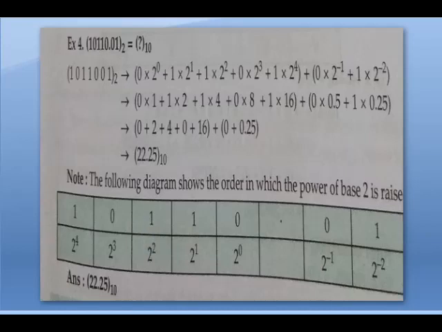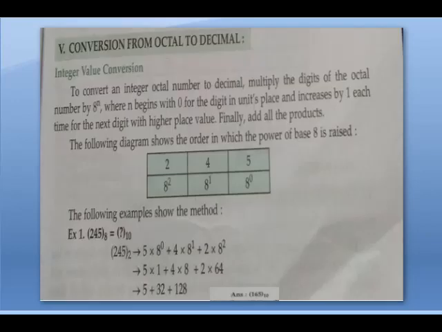Students, the same way we are going to convert the octal number to a decimal number. From right to left we have to increase the power of the number 8. To convert an integer octal number to decimal, multiply the digit of the octal number by 8 power n, where n begins with 0 from the digit in the unit place and increases by 1 each time for the next digit.